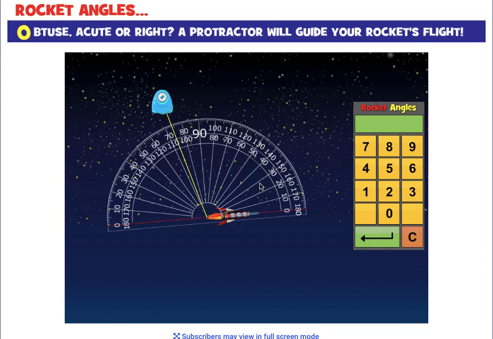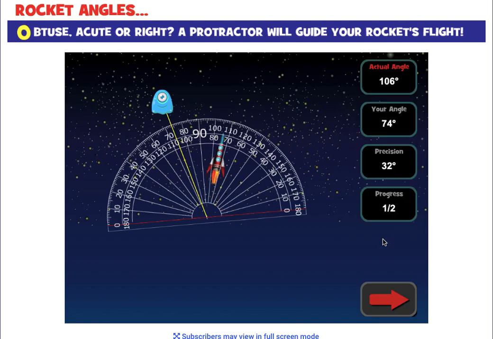But let's say I got the answer wrong. Let's say we know that that alien's actually sitting at 106 degrees. But let's say I accidentally read my protractor wrong and I said it was sitting at 74 degrees. What will happen is my rocket will go off at 74 degrees and it will miss my alien.